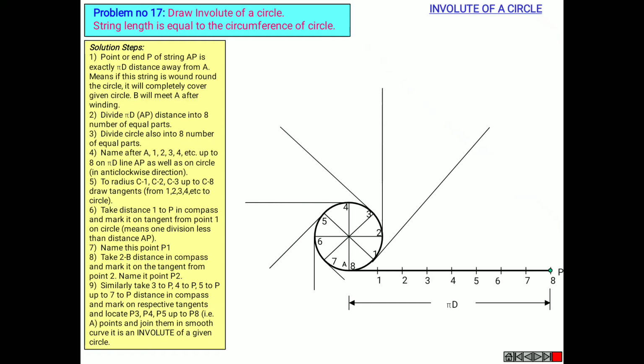So they should be perpendicular to 1 2 3 4 5 6 7 and 8. Now, so this is 1 to P1, that's P2, P3, P4, P5, P6, P7, and the last one is P8. Okay.